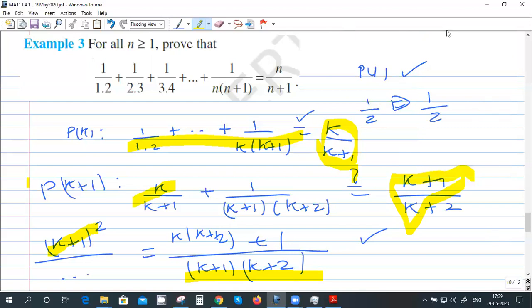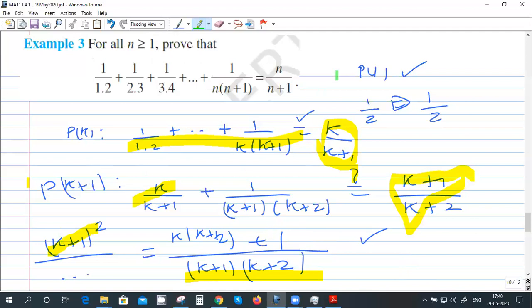Yes, sir. Yeah. Just manipulation, algebraic manipulations. Bhavya, done? Yes, sir. Are you following the steps? I have done it. Yeah. Sir, can you explain once more, just one more time?